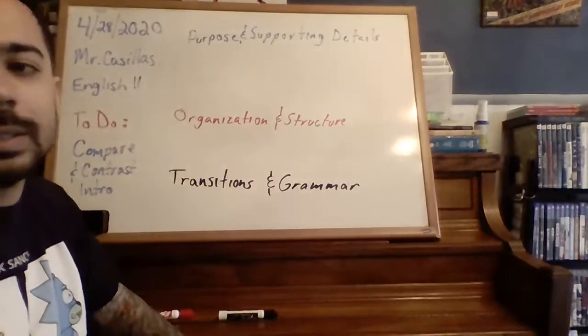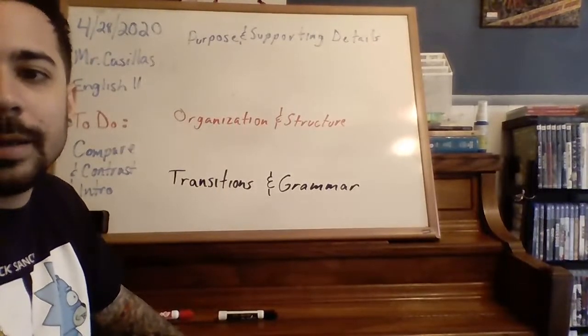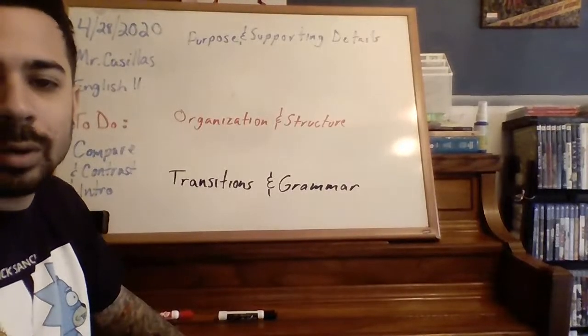So purpose and supporting details, right? It's on a 4-point scale. Okay.